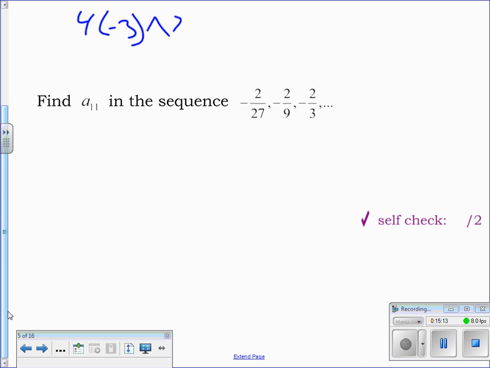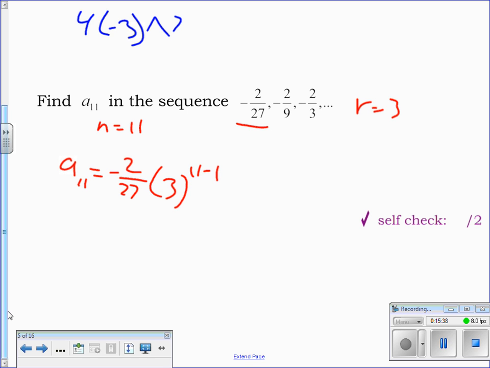And then on the next one, a sub 1 is negative 2 over 27. N is 11. R in this case is 3. So a sub 11, negative 2 over 27 times 3 to the 11 minus 1 power.